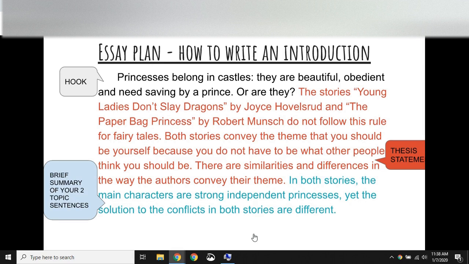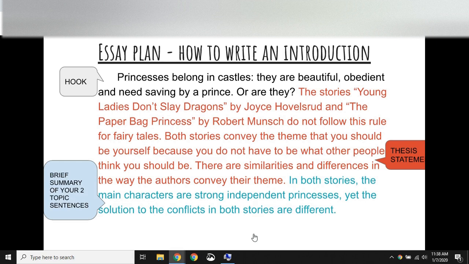Okay? The stories Young Ladies Don't Slay Dragons by Joyce Havelstrud and The Paper Bag Princess by Robert Munsch do not follow this rule for fairy tales. Both stories convey the theme that you should be yourself because you do not have to be what other people think you should be.